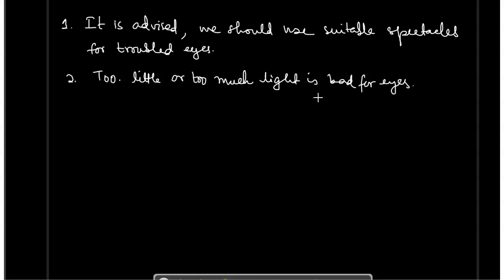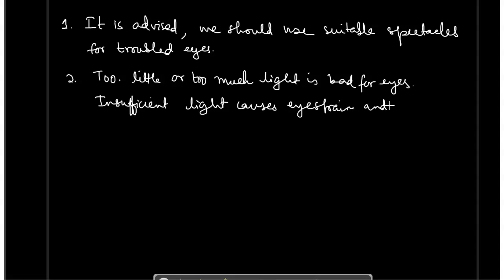Insufficient light causes eye strain and headache. If there is too little light, it can cause eye strain and headache.